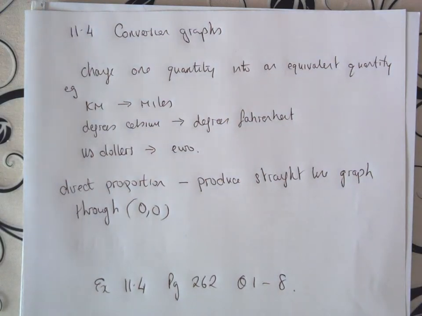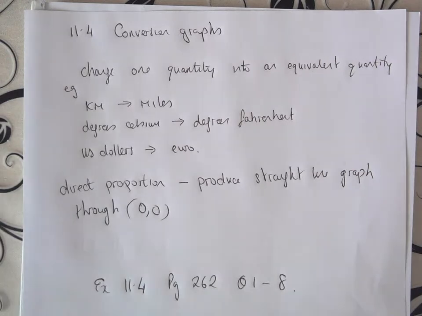Okay, so we're starting with conversion graphs, section 11.4. So we use conversion graphs to change one quantity into an equivalent quantity. So for example, it's kilometers to miles, degrees Celsius to degrees Fahrenheit, different currencies. So for example, US dollars to euros.